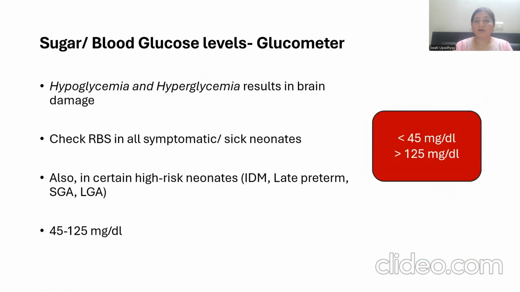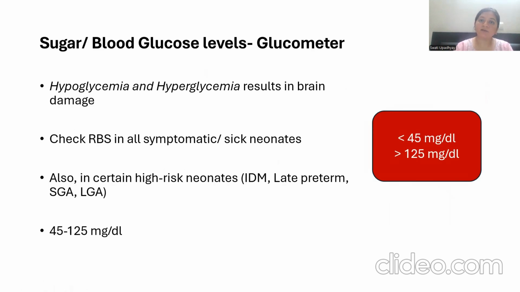Now, the last parameter, but one of the most important parameters in the STOPS pathway, is sugar, that is blood glucose levels. Whenever you have a sick baby, in NICU or in ER or anywhere, you have to check the blood glucose levels.